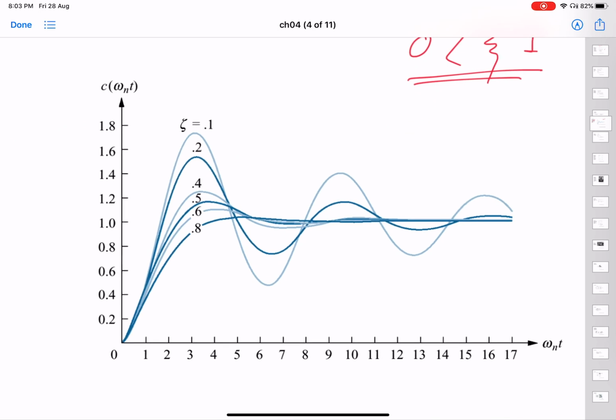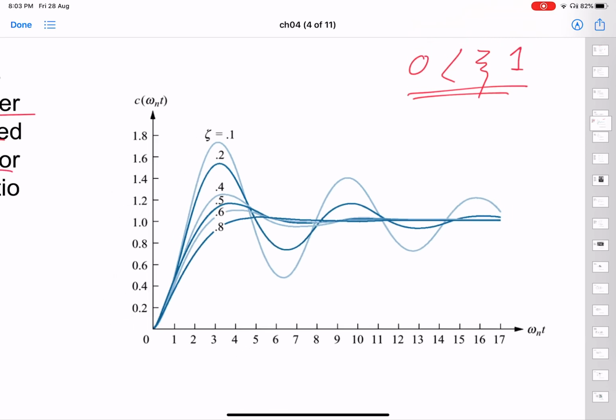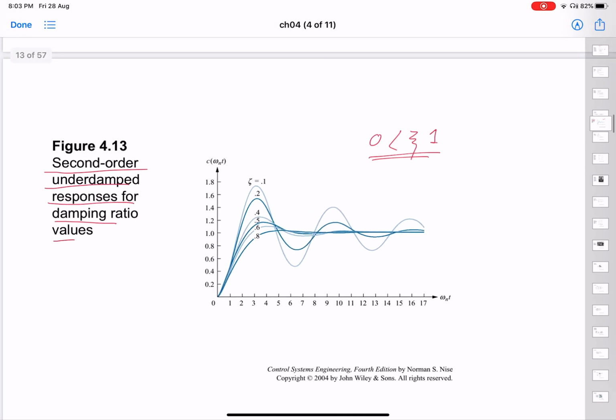Let's slightly magnify this. You can see that for different values of zeta, the underdamped response of the system changes as the value of zeta changes. But overall, the response has a nature which can be described as similar, right?